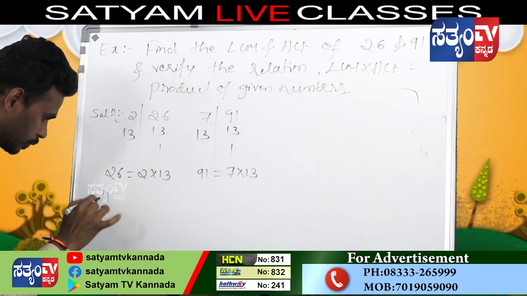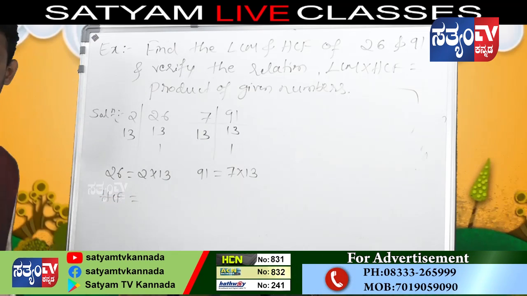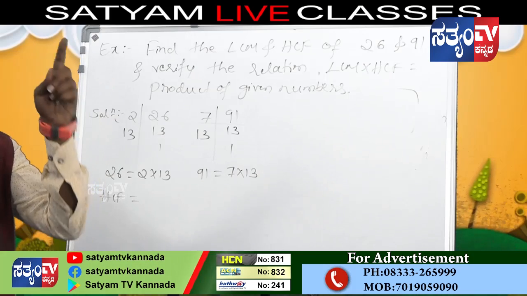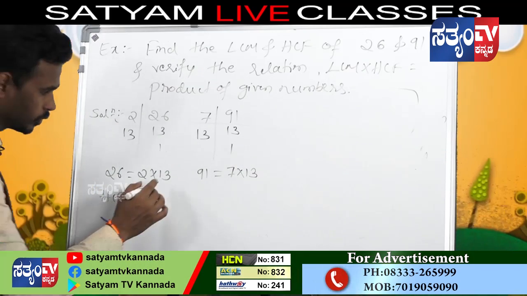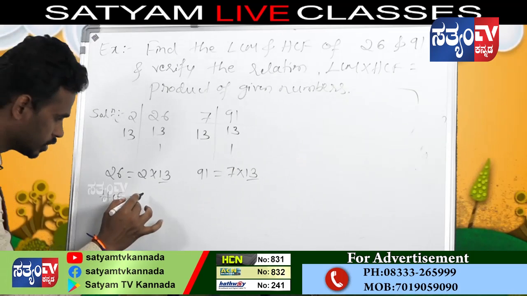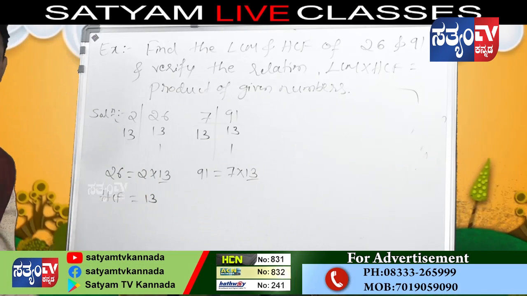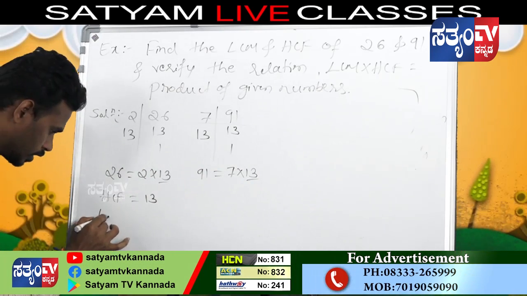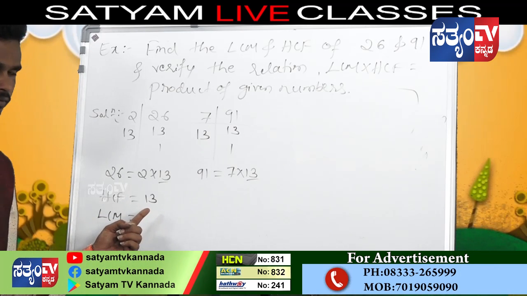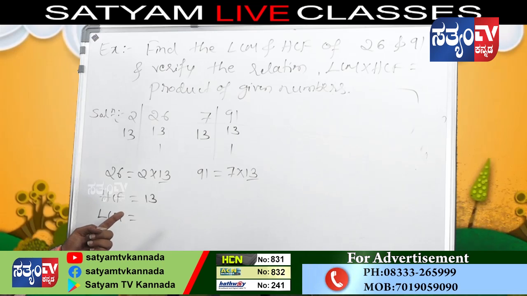Now HCF, what does it say? Product of smallest power of each common prime factor. See which is their common prime factor, that is 13. So 13 is the HCF. And LCM says product of greatest power of each prime factor.